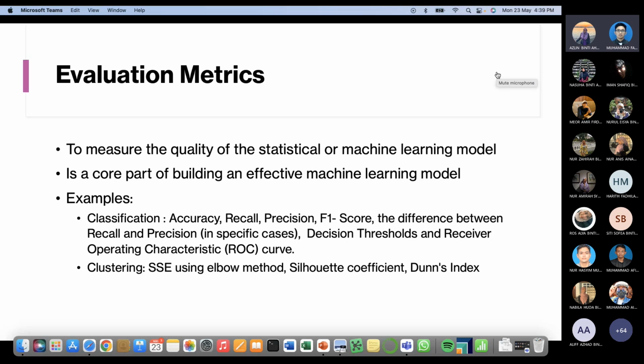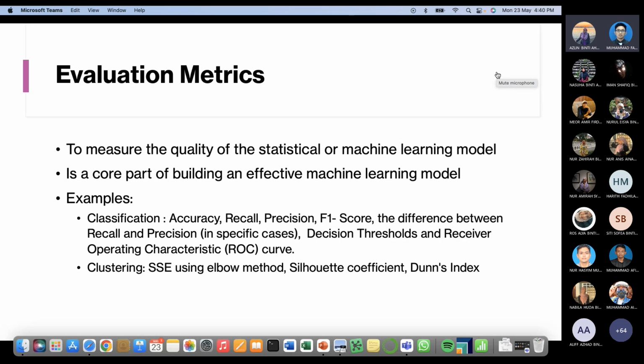Okay, for clustering we know that it is quite difficult to evaluate, kita lebih kepada classification. Kalau clustering tak banyak sangat, maknanya when you have the results, you tengok elbow method, you tengok silhouette coefficient, and then we try to analyse every cluster, every segment that you have.